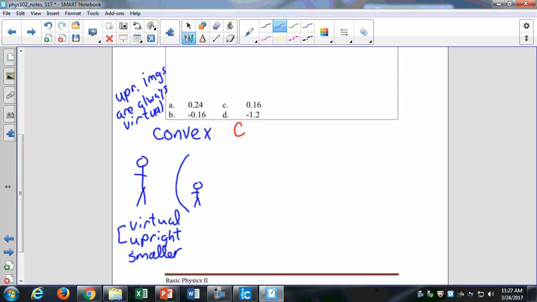Concave mirrors are a little more complicated because you can have three different types of scenarios. You can have outside the focal point, there's my object. You can have inside the focal point, or you can have at the focal point. When I'm outside the focal point, I produce a real inverted image.